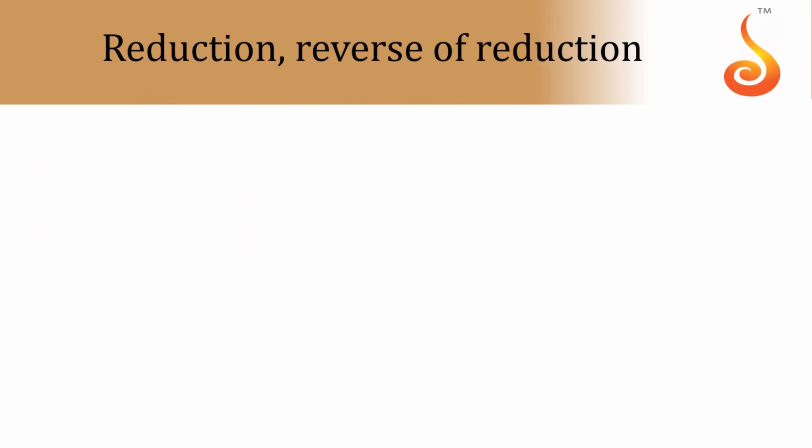Then reduction and reverse of reduction. Instead of reduction, you can use differentiation. For reverse of reduction, you can use integration. Both procedures are important. Learn both. Differentiation, integration you learn. Reduction, reverse of reduction also you learn. So what is the meaning? You know, there are some properties regarding binomial coefficients.